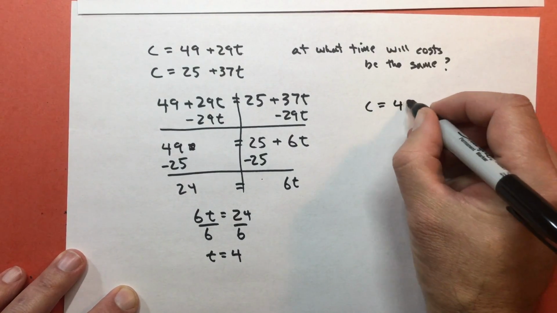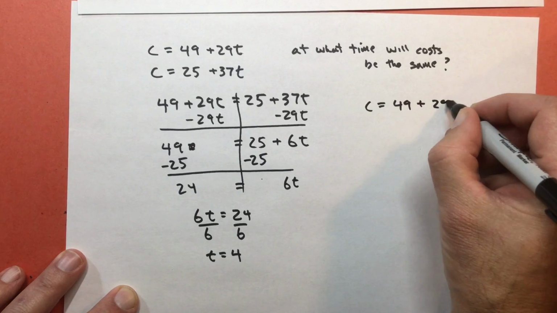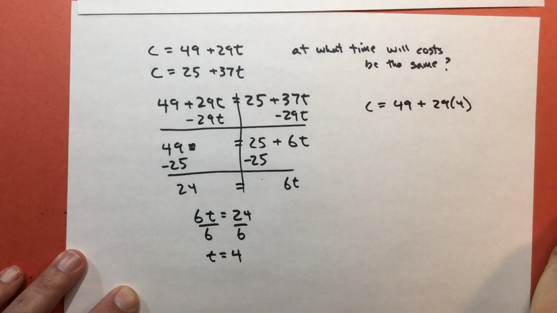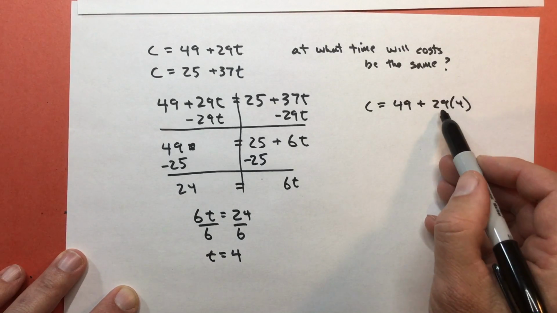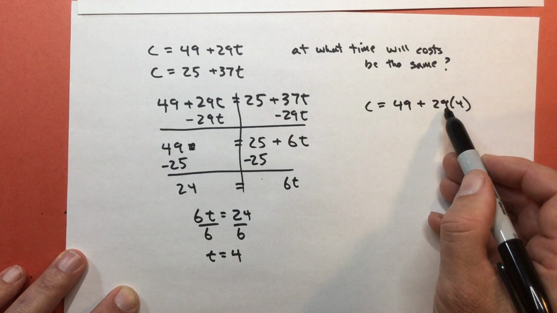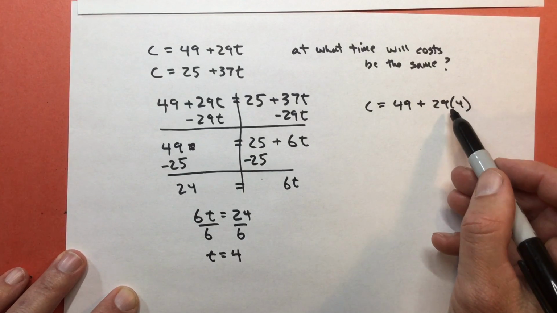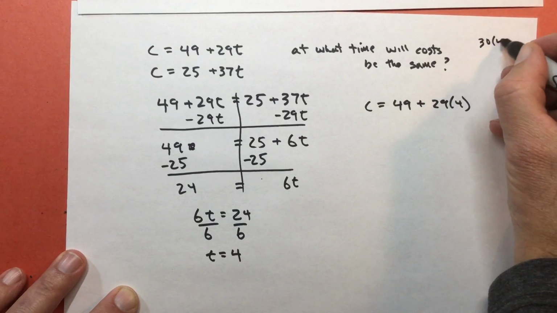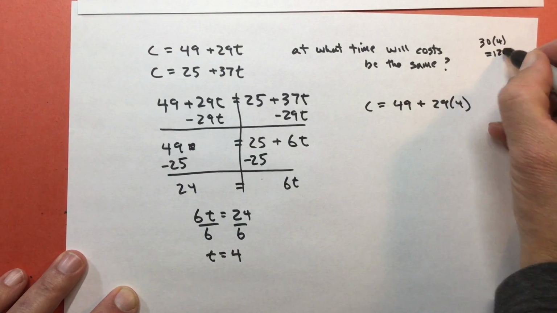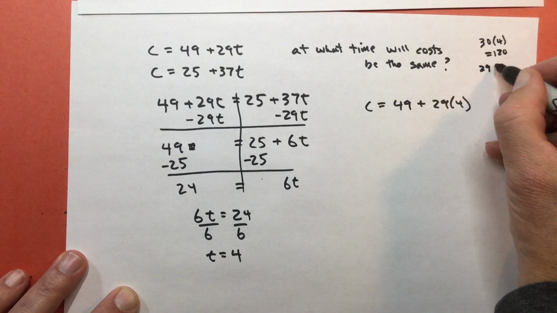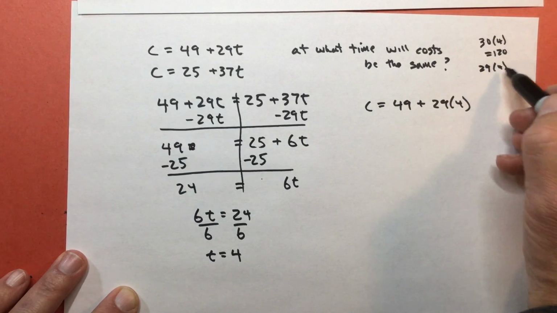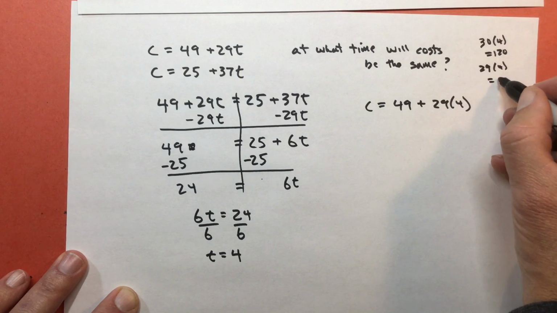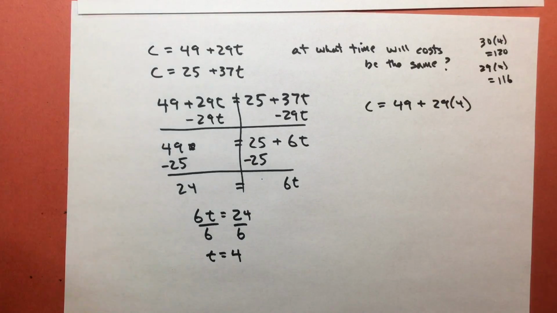So $49 plus 29 times 4. So $29 plus $29 plus $29 plus $29. Now you can do that in your head. I'll show you the trick. 30 times 4 equals 120. So 29 times 4 is 120 subtract 4, which is 116.